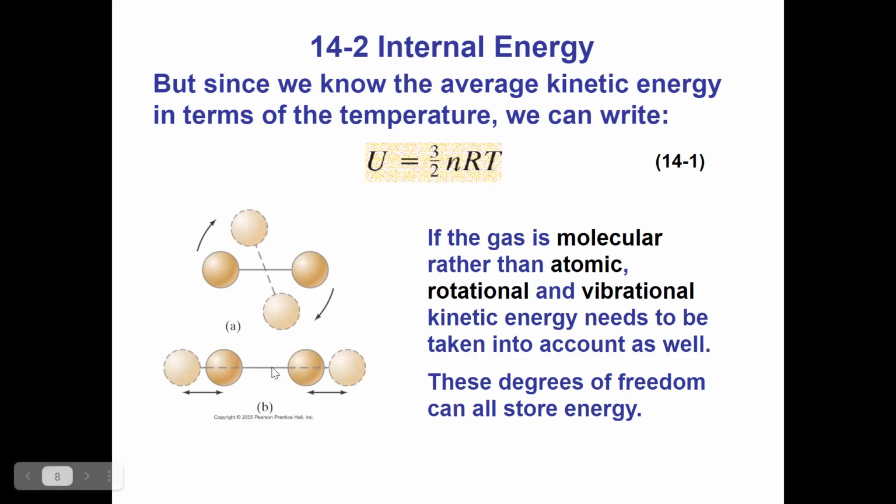We might also have a place where this bond is a little squishy and they can vibrate with respect to each other. So there are different modes for being able to store energy, and each one of these ways is called a degree of freedom.